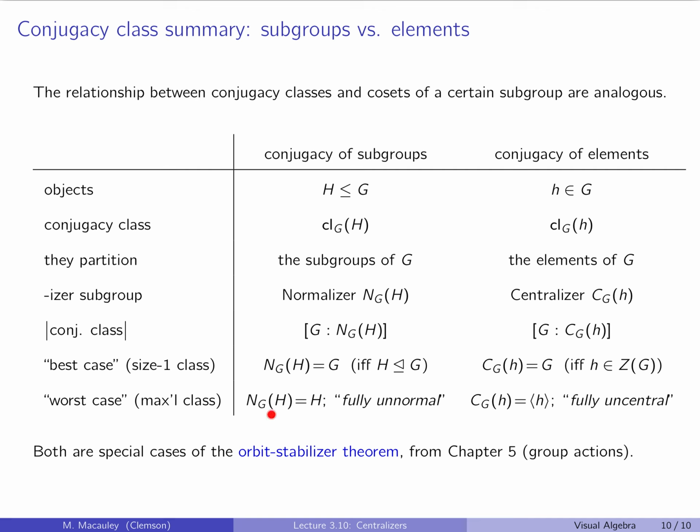For subgroups, this happens when the normalizer is equal to H. We say H is fully unnormal. And for elements, this happens when the centralizer of h is equal to the subgroup generated by h. We say h is fully uncentral. In other words, the normalizer has to contain the subgroup itself at bare minimum, and the centralizer has to contain the cyclic subgroup generated by h, in other words, all powers of h at a bare minimum.